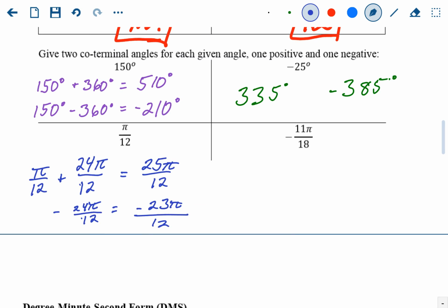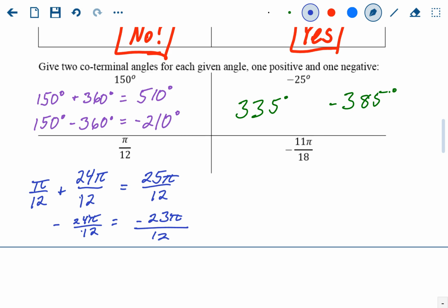And remember, radians are unitless. Same thing over here. We're going to be adding and subtracting. We need a denominator of 18. Double 18 and you get 36. So we're going to add and subtract 36 pi over 18. Take negative 11 plus 36.